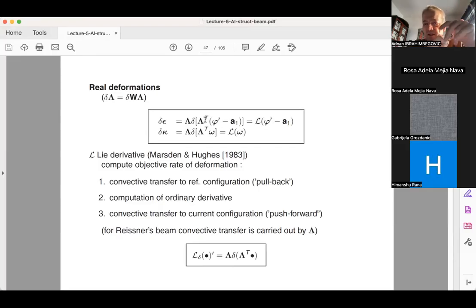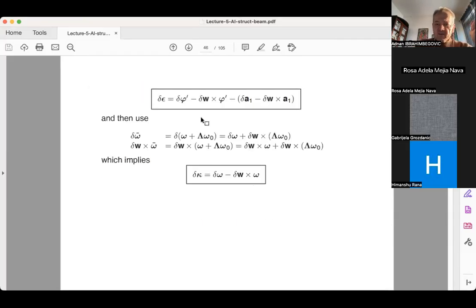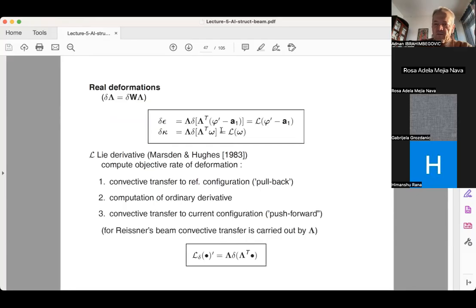Then I take the variation, and I take the result, and I push it forward, transform it back to the deformed configuration, again a transformation done by the orthogonal tensor, which is lambda. So if you compare these two expressions for delta epsilon and delta kappa, it can be quite easily confirmed that this is nothing but pullback, variation, and push forward of the expressions which are written here.